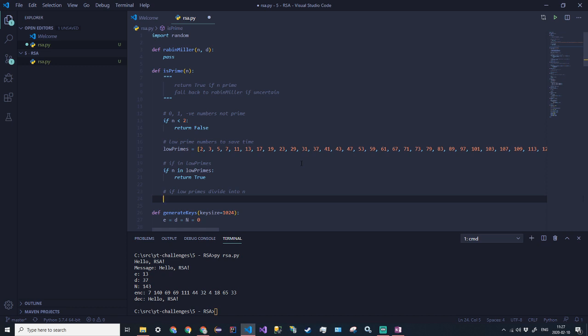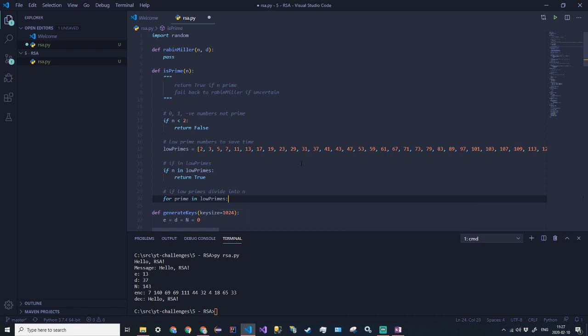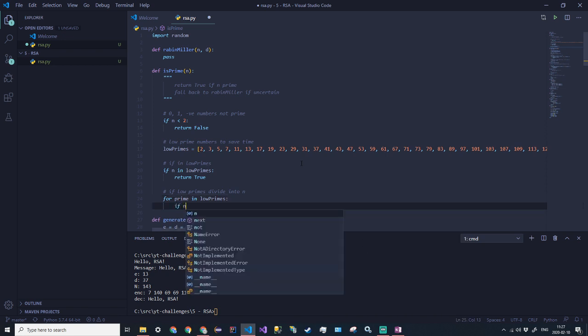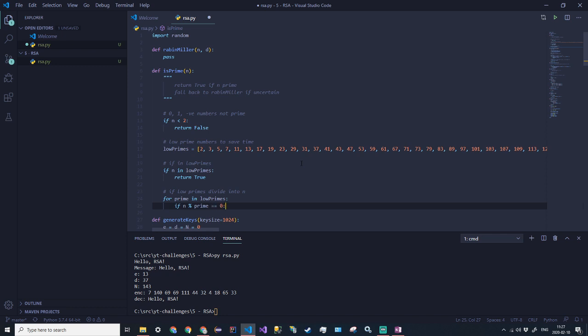So all we're going to say is for prime in low primes, if n modulus prime is equal to 0, so if n divides by prime cleanly, then we're just going to return false because it's proved wrong. If it has a factor other than 1, then it's a composite number.